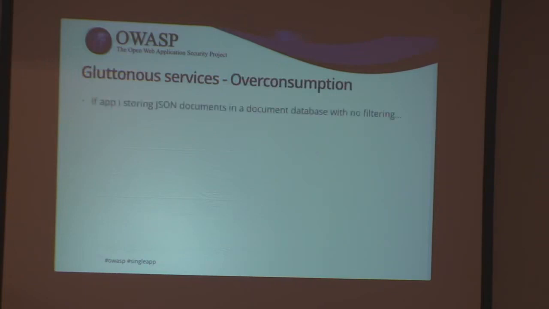What happens if we're posting a big JSON document, much bigger than is expected, and we're using a NoSQL document database, and we're simply taking the JSON and pushing it into the document database? So we can send really huge documents, and the maximum document size for MongoDB is 16 megabytes. So you have a user account that's normally maybe 4K, and now it's suddenly 16 megabytes.